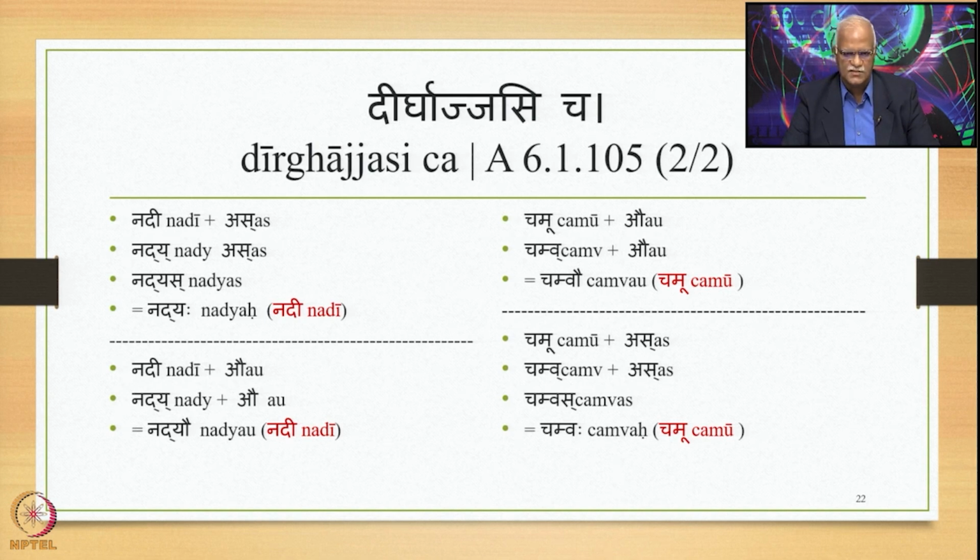In all these cases, in the absence of this particular sutra, we would have got the form Nadi over here, Nadi again in this case also, Chamu in this case and Chamu in this particular case. This would be undesirable. So, these undesirable forms are avoided, are negated, by this particular negation Dirgha Jasicha.